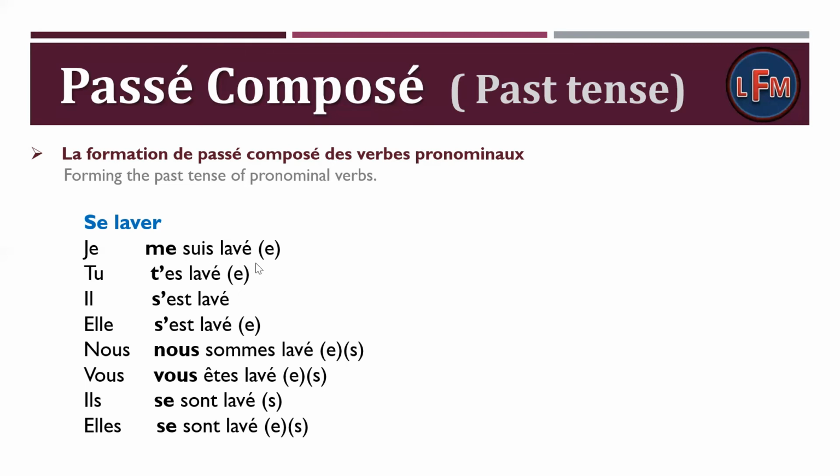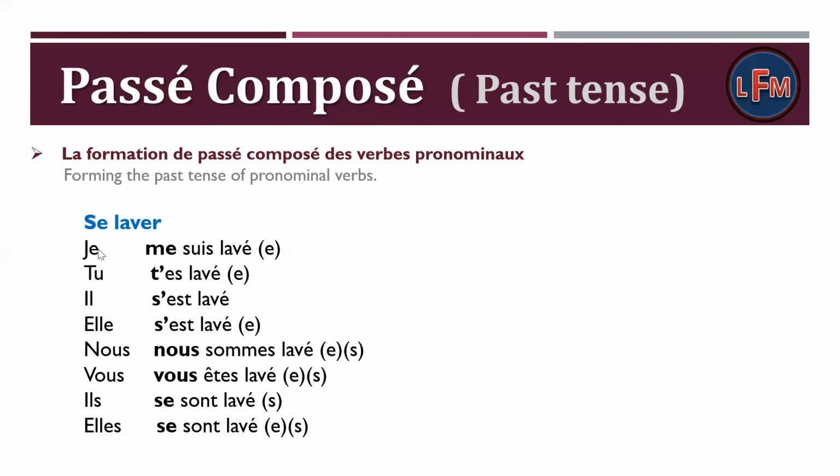And it is also necessary to accord the participe passé of the verb according to the number and gender of the subject, as we did with other verbs. So the conjugation of se laver in the past tense will be: je me suis lavé, tu t'es lavé, il s'est lavé, elle s'est lavée, nous nous sommes lavés, vous vous êtes lavés, ils se sont lavés, elles se sont lavées.